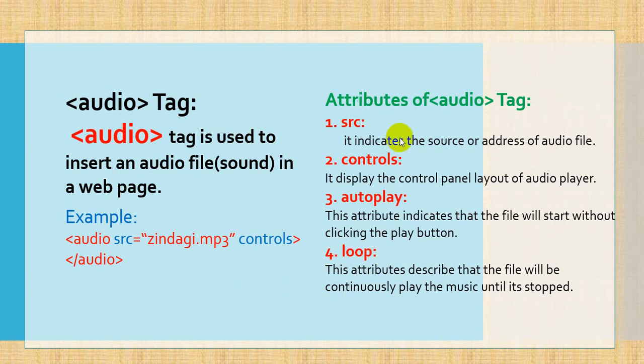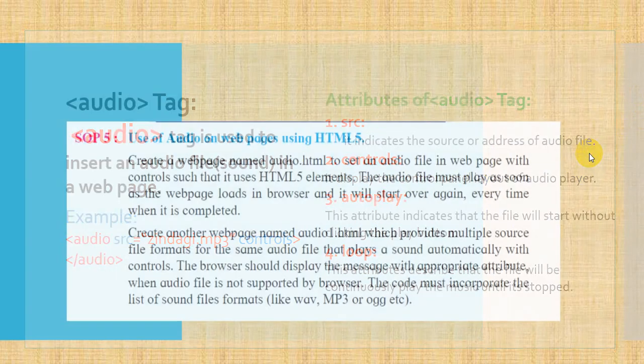These are the basic attributes which we require to play an audio file inside our web page. We also started one practical, that is skill oriented 5, and I want to go through the practical which we completed in our last lecture.